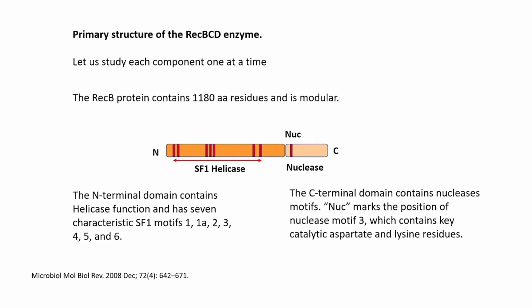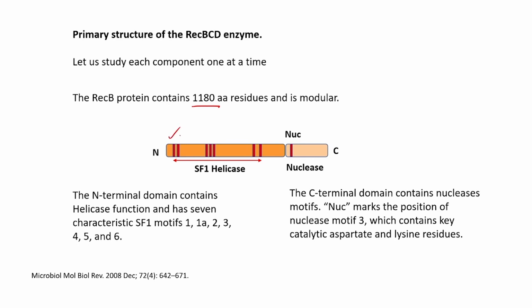So, in this picture you can see the simplified diagram of the RecB protein, which contains around 1180 amino acid residues, and as already told to you, it is modular, having 2 modules, one having the helicase activity, the other having the nuclease activity. The N-terminal domain contains the helicase function, and it has 7 characteristic SF1 motifs.